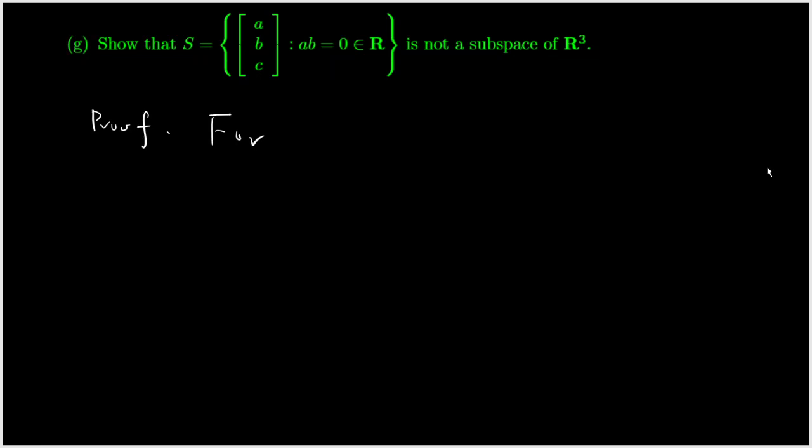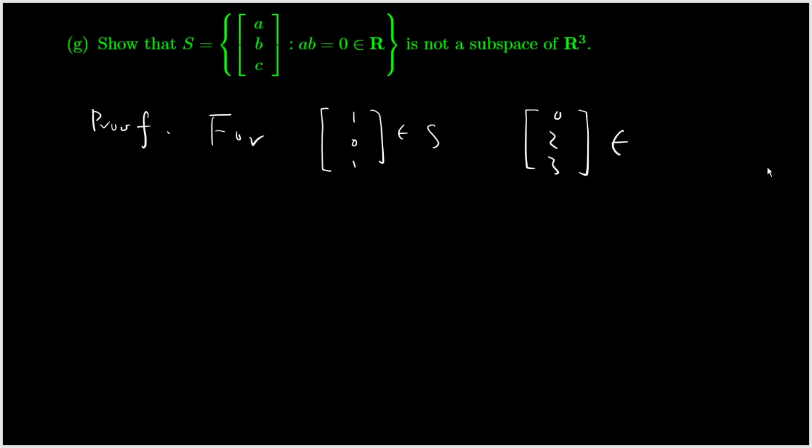I think you guys are smart. So anybody want to tell me how to choose two particular vectors from S such that the sum is not in S? How about we choose 1, 0, 1, so whatever number 1, okay? That's a vector in S. We can choose one other vector. So now let's say 0, 2, 3.